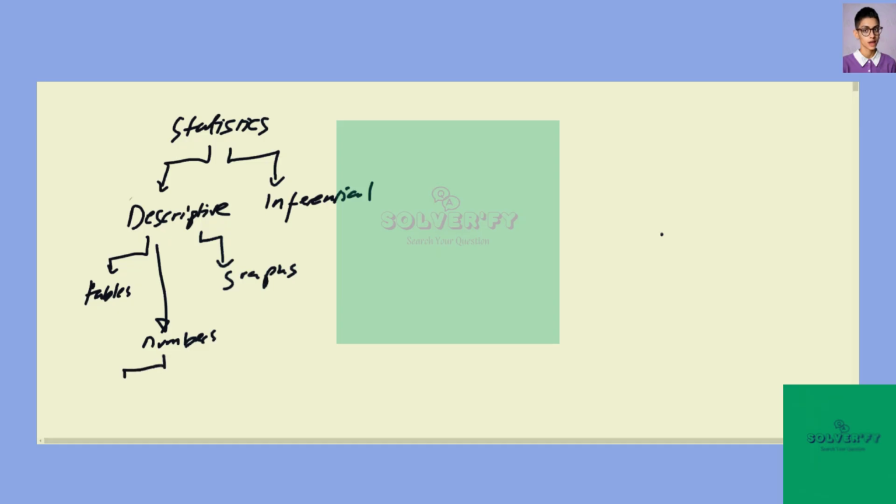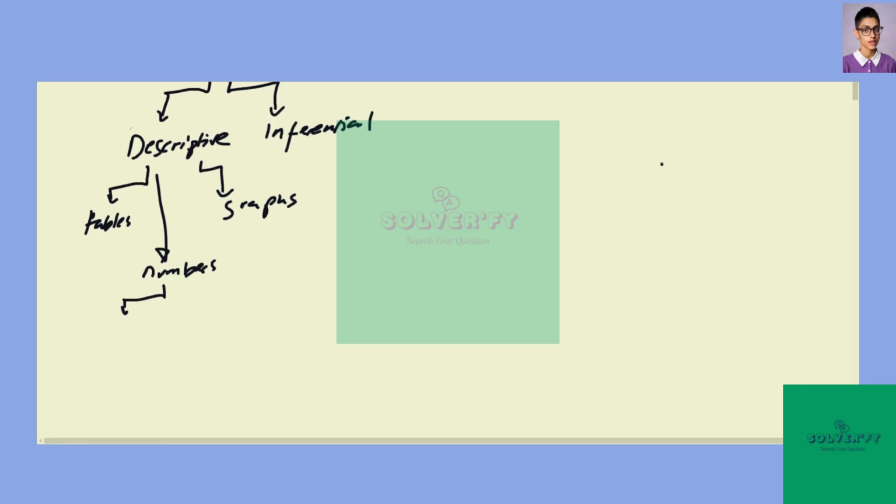The numbers include measures of central tendency and also measures of spread. So these are two aspects of your data.